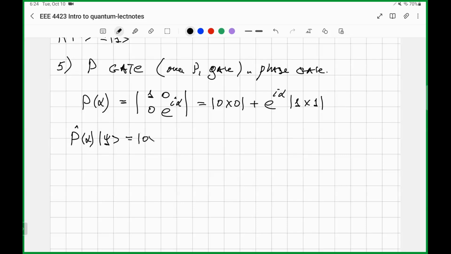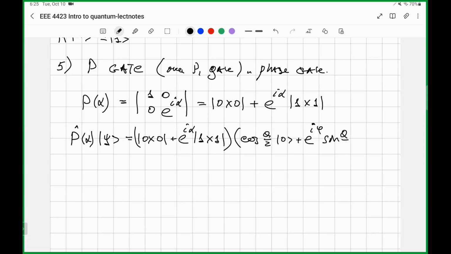And the general psi state is cosine theta over 2 state 0 plus e to the power of i phi sine theta over 2 state 1.